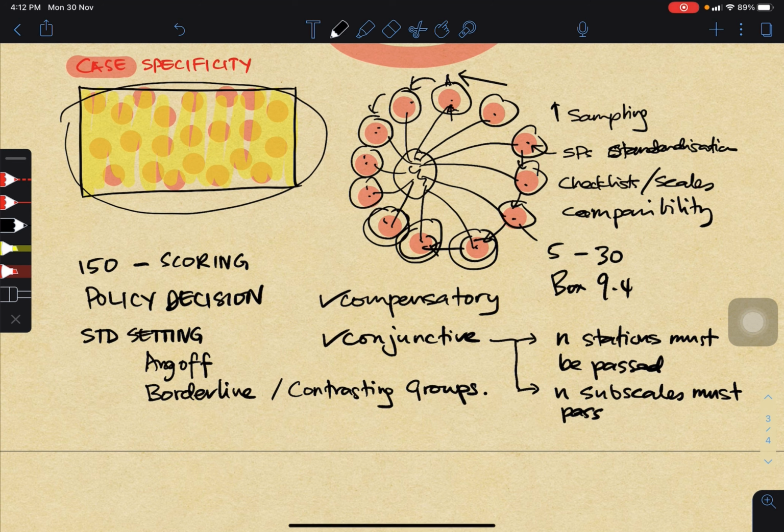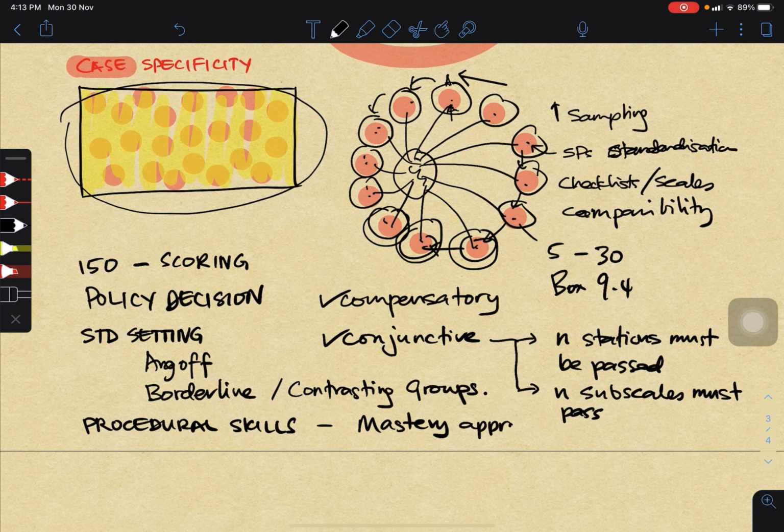Right. And how about procedural skills? Procedural skills, again, you use the rating scale or a checklist scale, but especially if you make the checklist public and incorrect performance comprises a threat to patient safety, then you can insist on a mastery approach, meaning that candidates must be able to do it perfectly.